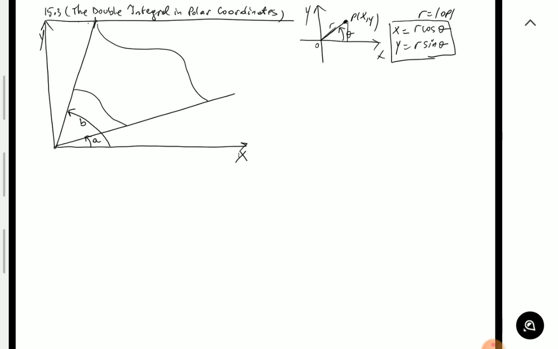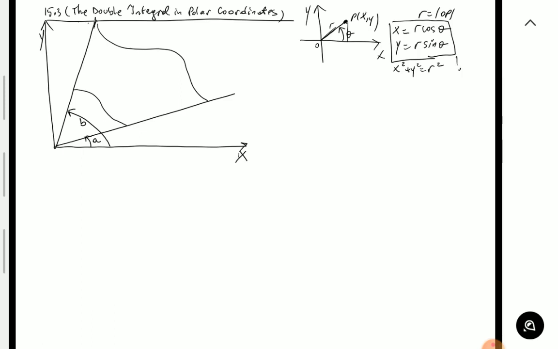It's very useful to also know two related identities from these equations, namely that x squared plus y squared is r squared. If you square and add these two together, because sine squared plus cosine squared is 1, then you always have this substitution. Whenever you have the quantity x squared plus y squared, that can be replaced by r squared if you switch to polar coordinates.